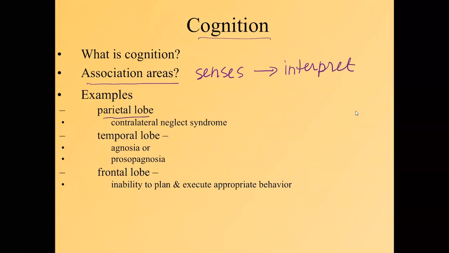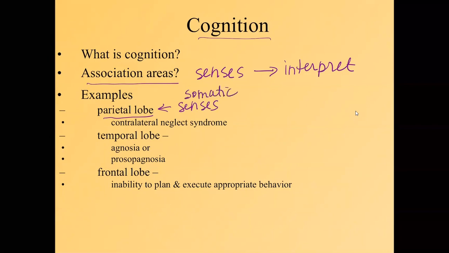So the parietal lobe has to do with overall senses on your body, like whether you can feel your body, your somatic senses.